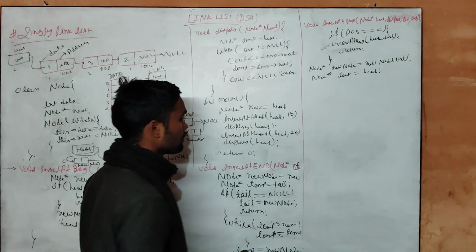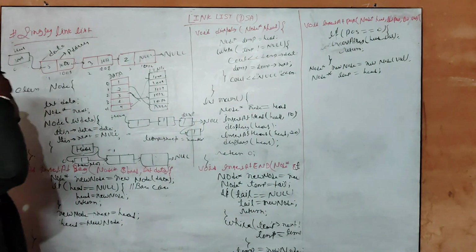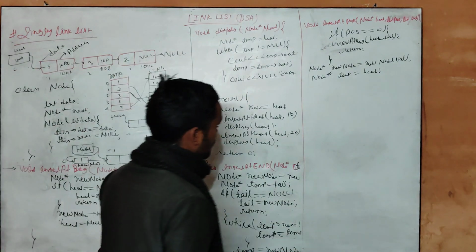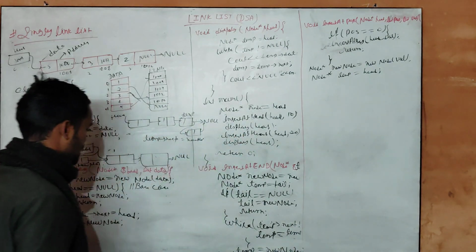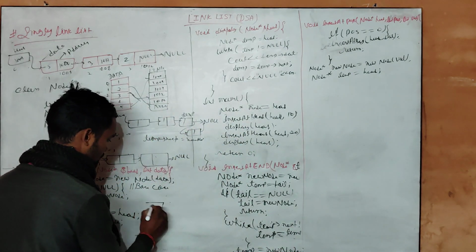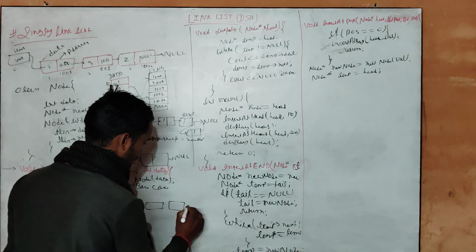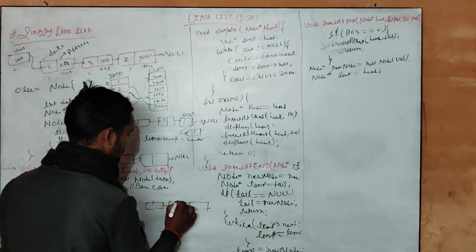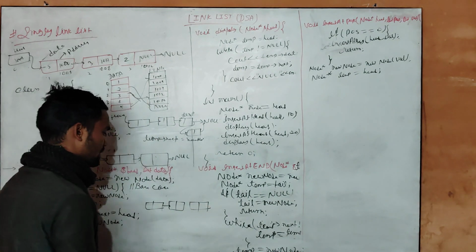Okay, let's see how to insert at the position. First I'm just making one diagram. Suppose we have 3 nodes. I want to insert this node.